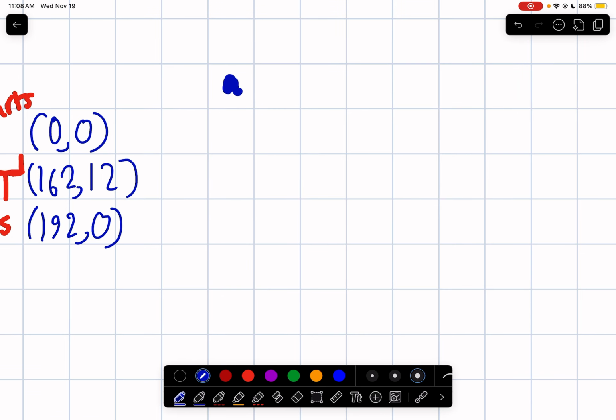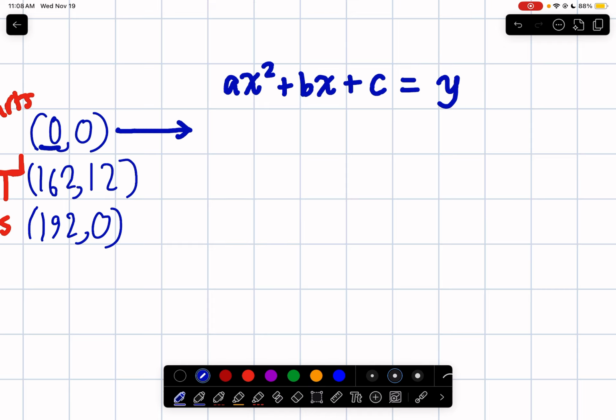We know that the equation is going to be in the form of ax squared plus bx plus c equals y. So for the point 0, 0, I'm going to plug in 0 for x and 0 for y. So a times 0 squared plus b times 0 plus, technically, c times 1 equals my y value of 0.